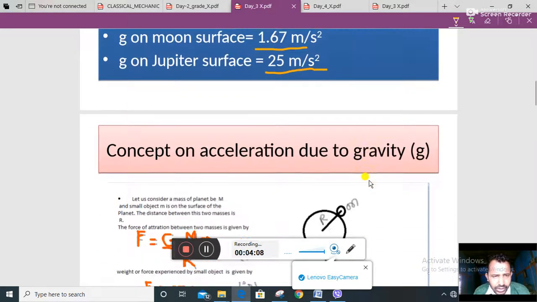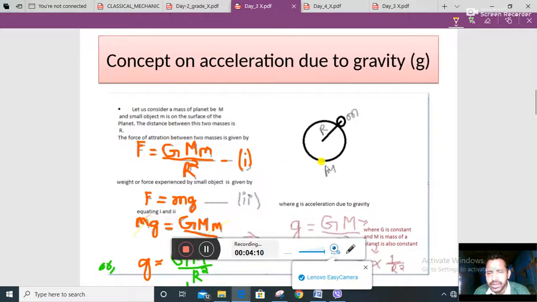Let's go down. Now the concept of acceleration due to gravity. We are taking this planet. This planet has mass M, and there is a small object m on the surface of the planet. We are not taking the object far away from the surface. This is called the surface of a planet, and the distance between the object and the center of the planet is r.